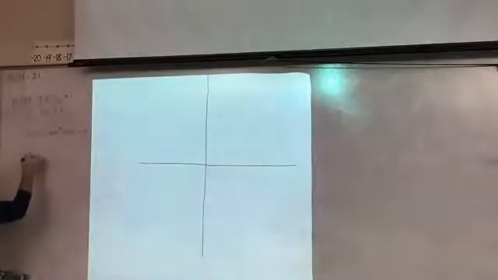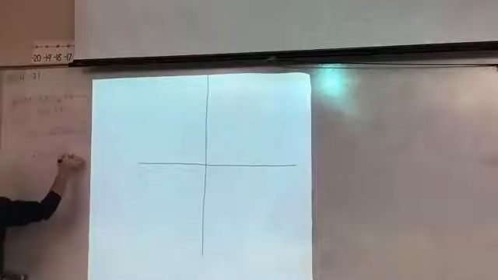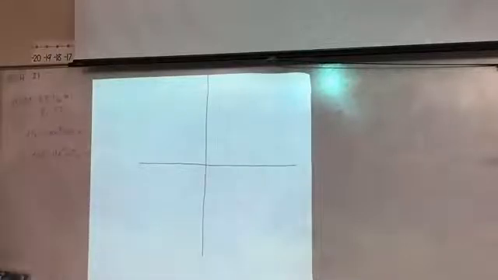Okay, let me give an example here. Let's go with 4x squared plus 8x minus 1. That's going to be our first example here. We're going to find that AOS.